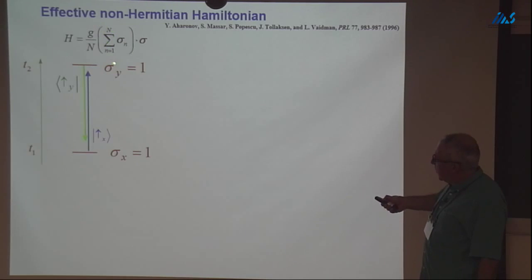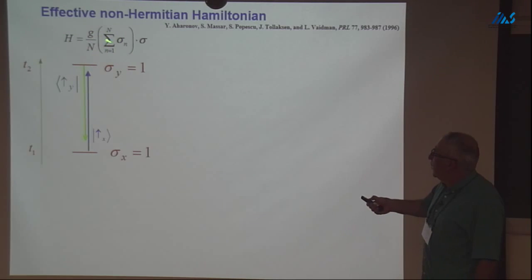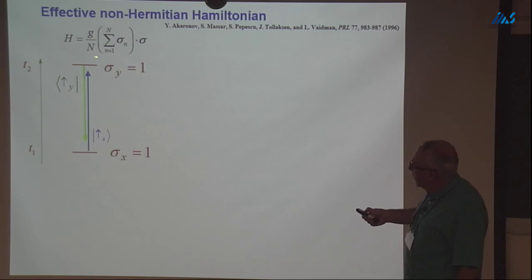Every one of them was pre-selected in up X. This is no problem, I can prepare them all up X, and then post-select them in up Y. The probability for this is half to the power n, but theoretically it can be done for any n. Now I have a coupling G over n.